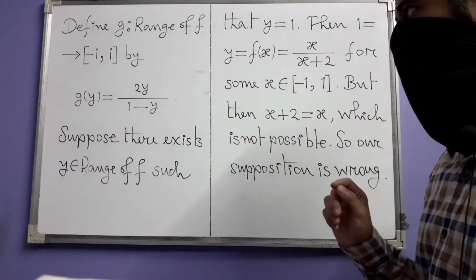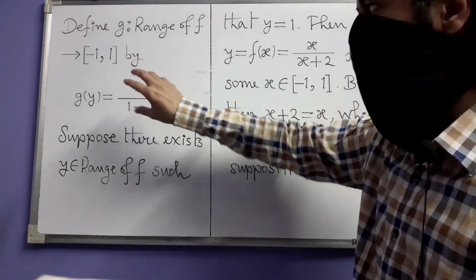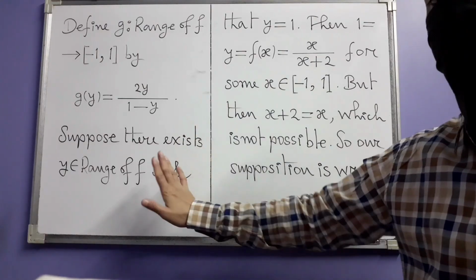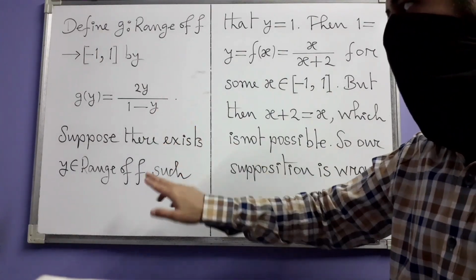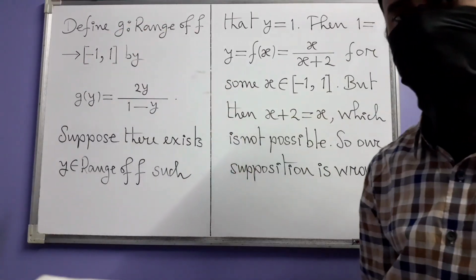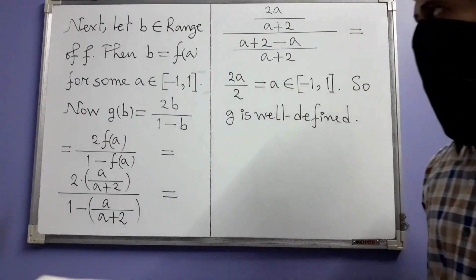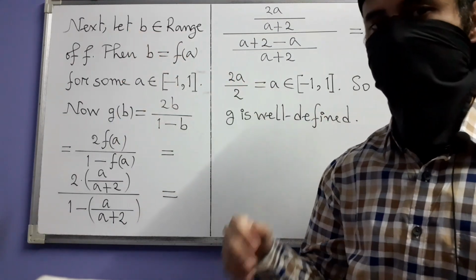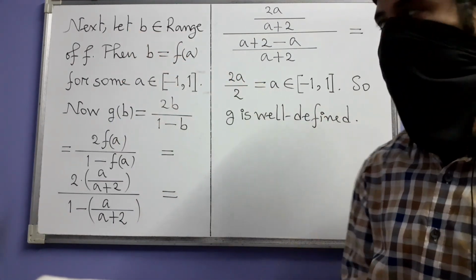And next we are going to show that all such outputs for this relation g, I am saying relation because we haven't yet completely shown that g is a function, all the outputs of the relation g lie inside this set. So next we take any input b in the range of f. This is an input for g.